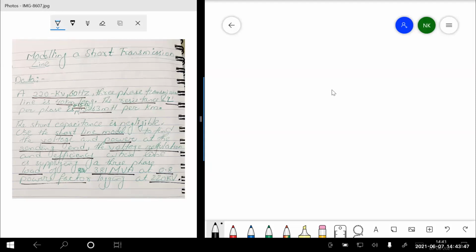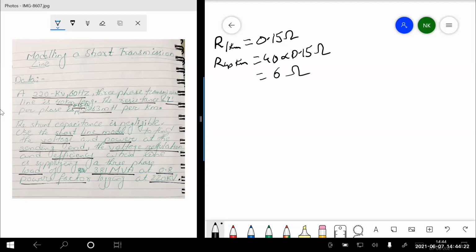The resistance per phase is 0.15 ohm and the inductance is 1.3263 millihenry per kilometer. R per kilometer is given as 0.15 ohm, so R for 40 kilometers would be 40 into 0.15 ohm. That would be 6 ohm. Yes, sir.